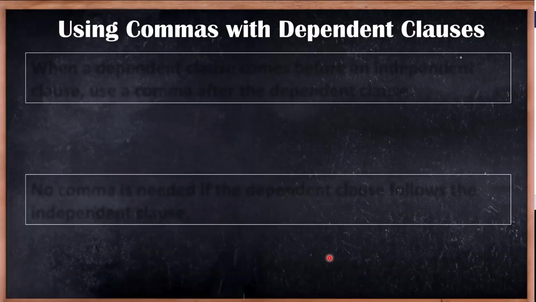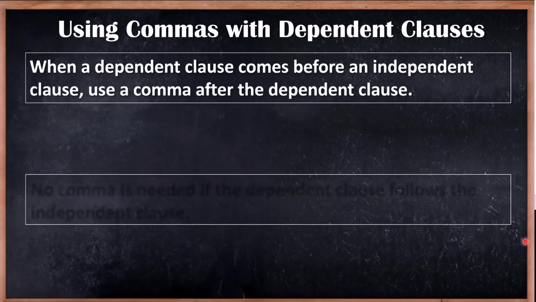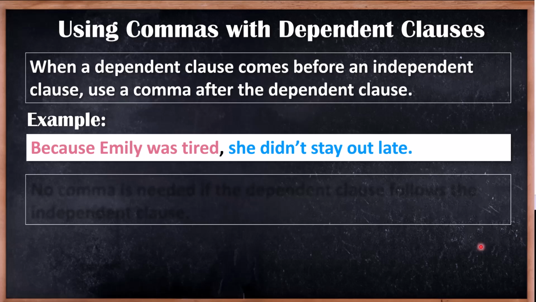So let's talk about using commas with dependent clauses. So when a dependent clause comes first, when it comes before an independent clause, we use a comma after the dependent clause. For example, because Emily was tired, comma, she didn't stay out late.